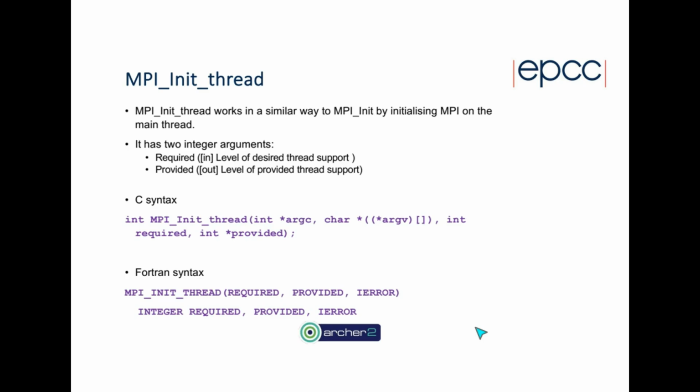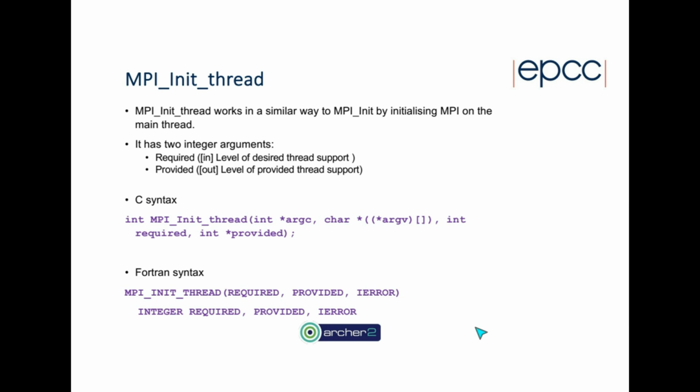This works in the same way as MPI_Init: you would call MPI_Init_thread instead of MPI_Init at the start of the MPI program. It also does the MPI initialization, but in addition, it sets and returns the level of thread support.